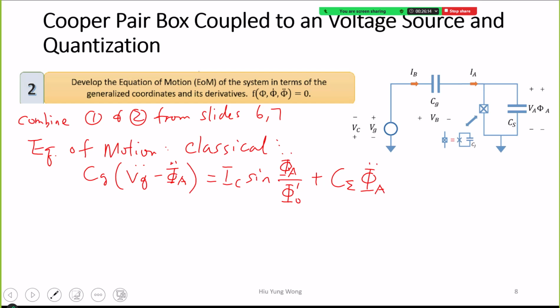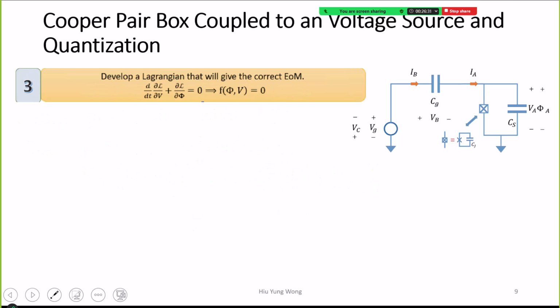And again, to do this is not because we want to quantize the circuit, it's that we want to know what the equation of motion is, right? If we already knew that, we wouldn't need to do that. But now we successfully represent this as a function of phi dot, and phi dot dot is here. So now we need to write the Lagrangian, but we don't know what it is.